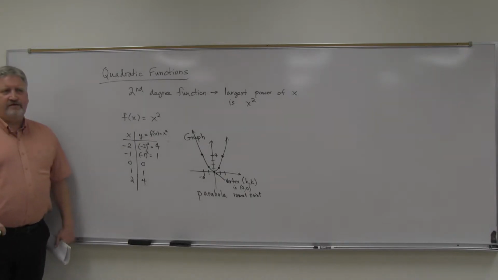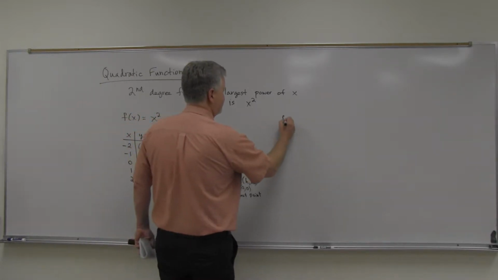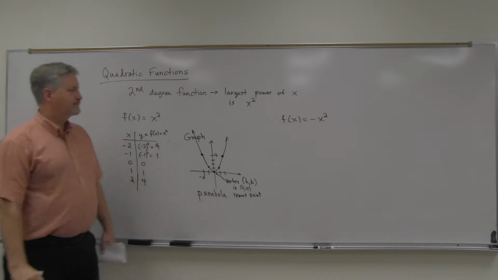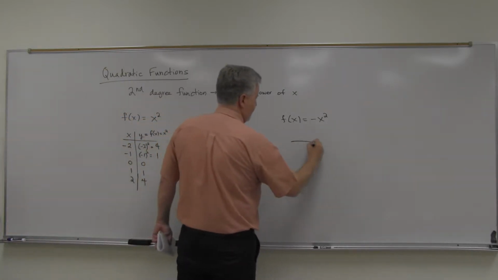And there's one other thing I'll talk about here, after I do the second one I was going to show you to compare to that: f of x equals negative x squared. All right.